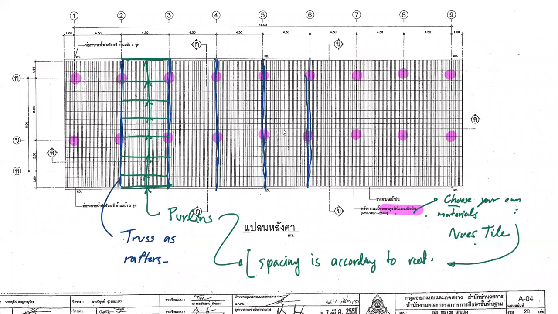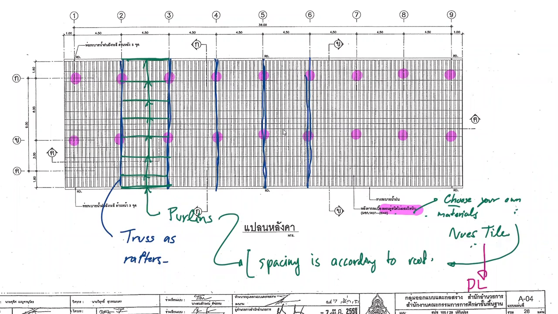But don't forget that no matter what you choose for this, it gives you the information about the dead load. You must also study the law and apply the live load on the roof as well. So you choose your own, so you know the spacing and you will also know the dead load.